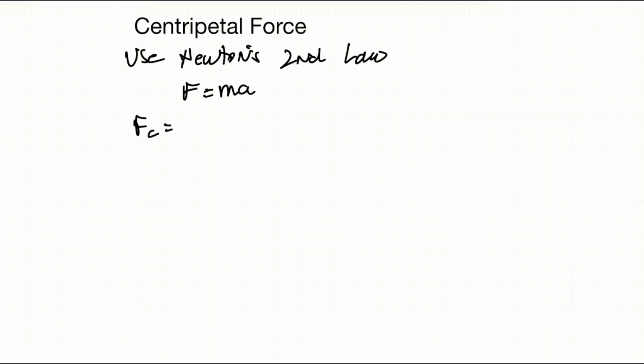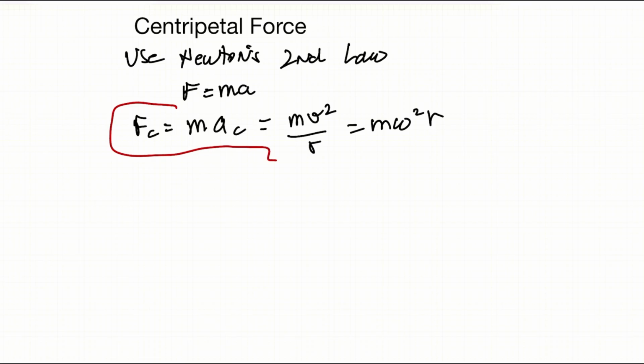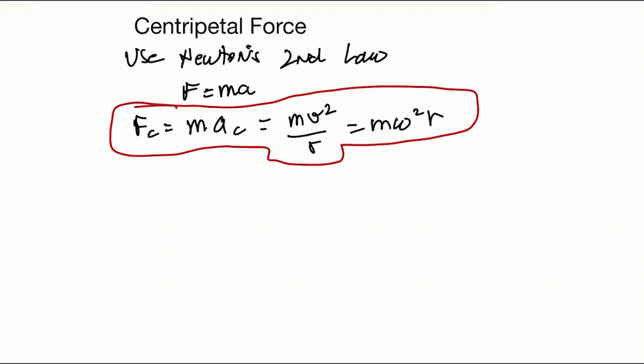That's going to be the tension on the string. It's mass times the centripetal acceleration, m v squared over r, which is equal to m omega squared r. So that's going to be our equation for the force, essentially holding the ball in place so it doesn't fly off out into the yard or wherever it's going to go.